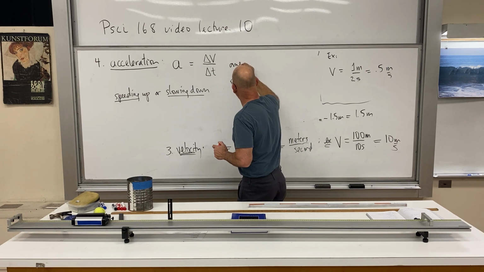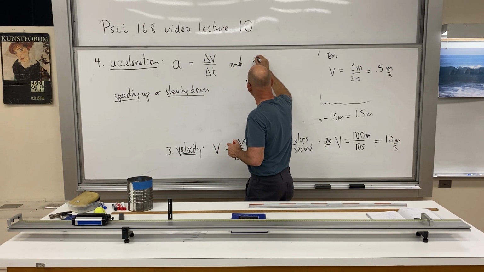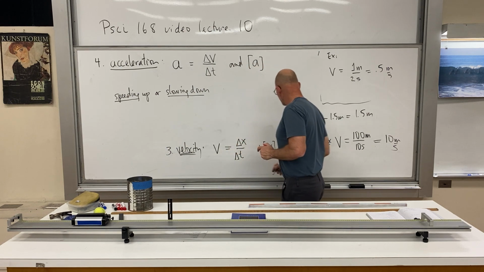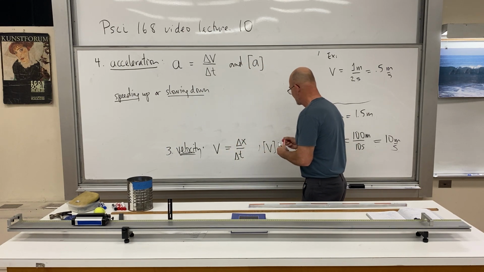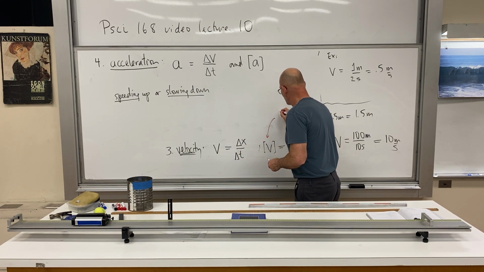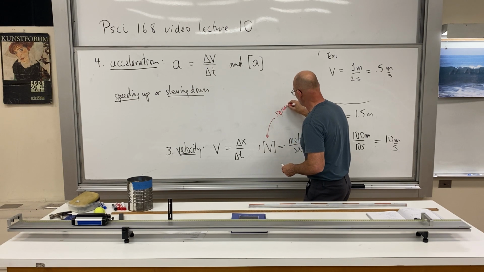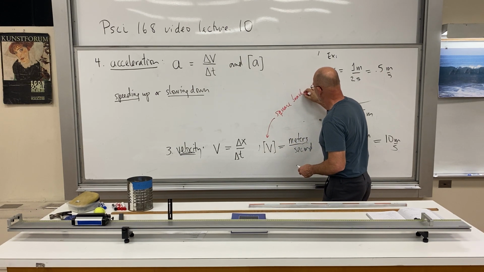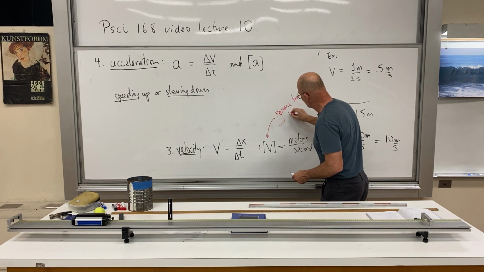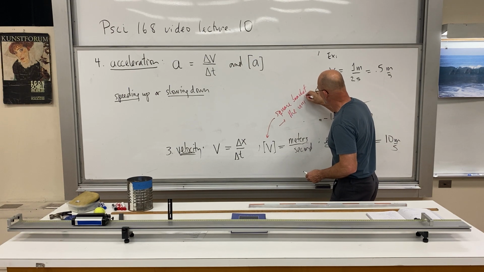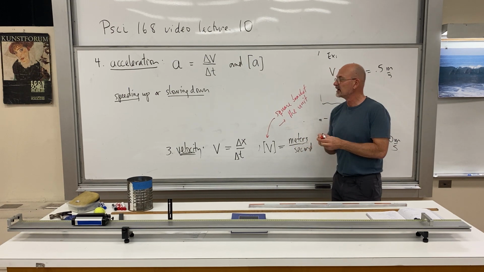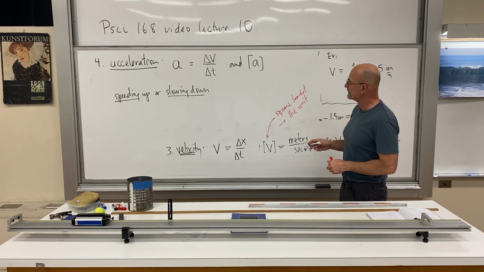And we're going to find the units of acceleration. So square bracket means, put this as a note, square bracket tells us the unit of that quantity.